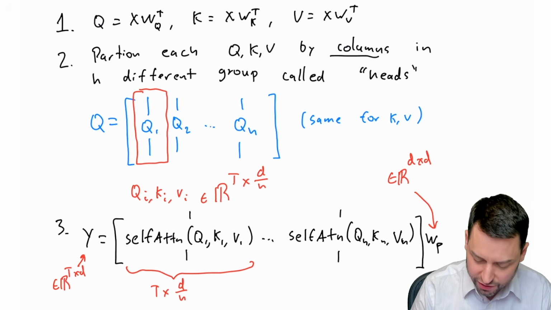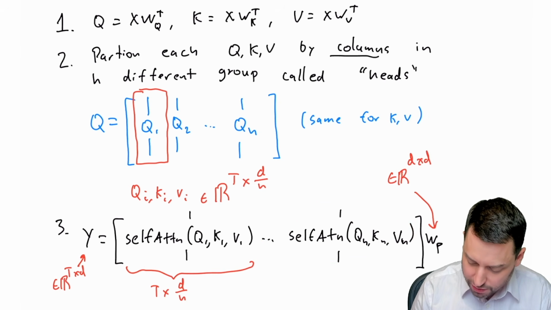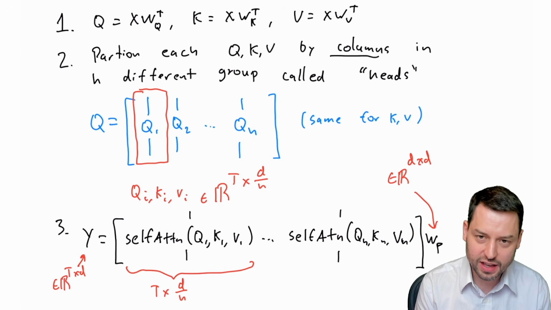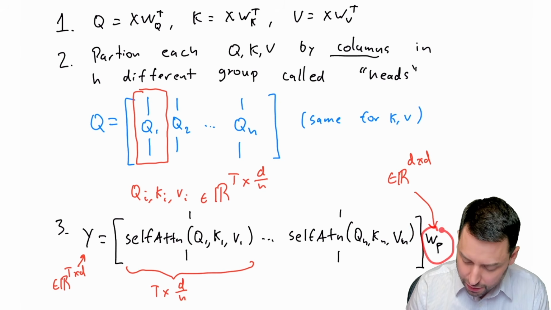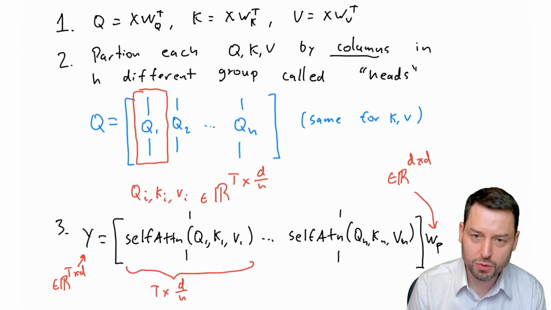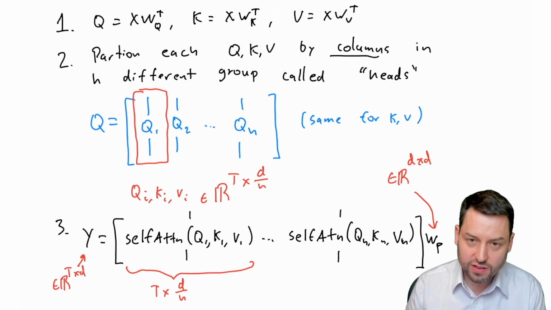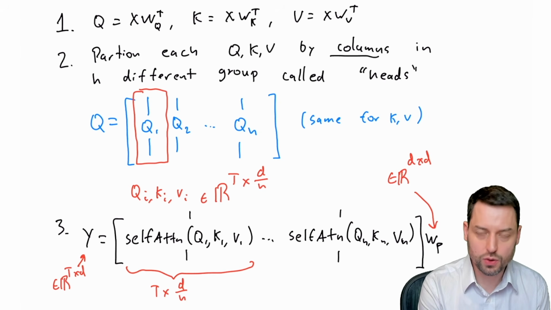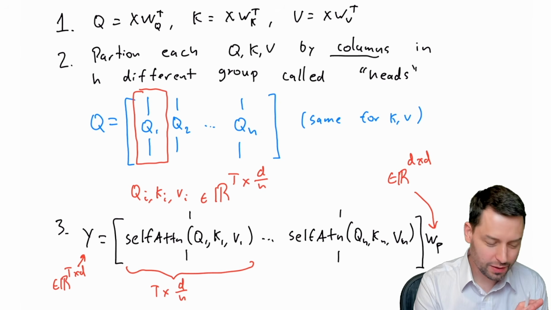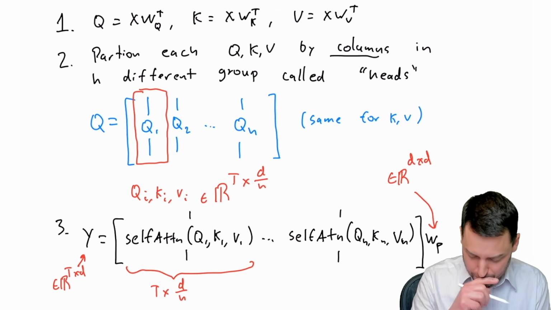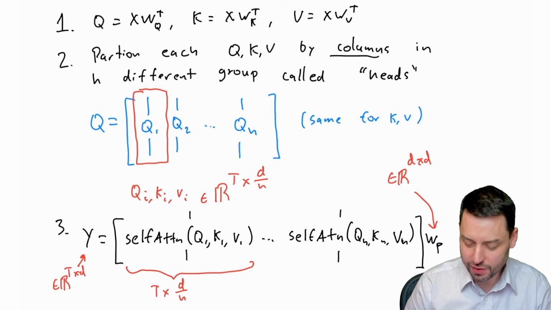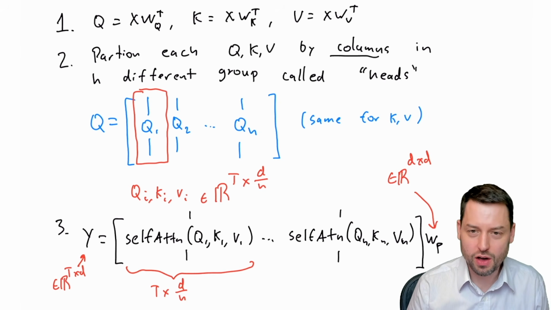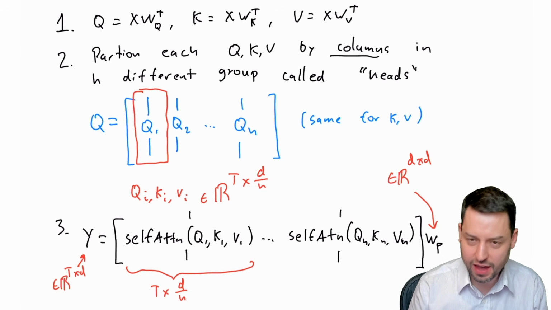Because each of these operations applies independently to just its group, you want to mix all the columns together again to share information across all of them. But this is the actual operation that is used in most large language models. Once you know this and are familiar with it, and you'll implement it on your homework, you will be able to implement really all the aspects of a large language model.